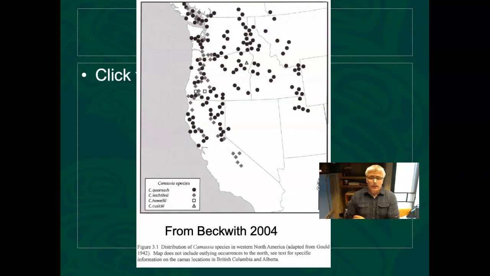This is work from Brenda Beckworth, who did her PhD at University of Victoria, looking at the distribution of, this is 4 different camas species, but Quamash and Leichtlinii are the 2 that we're primarily concerned with. And so Quamash are the circle dots, and Leichtlinii are the kind of grayish triangles.